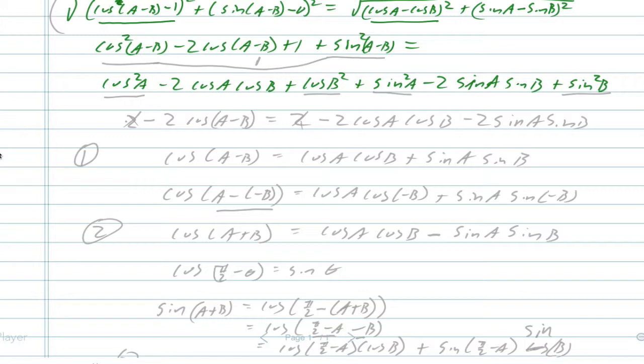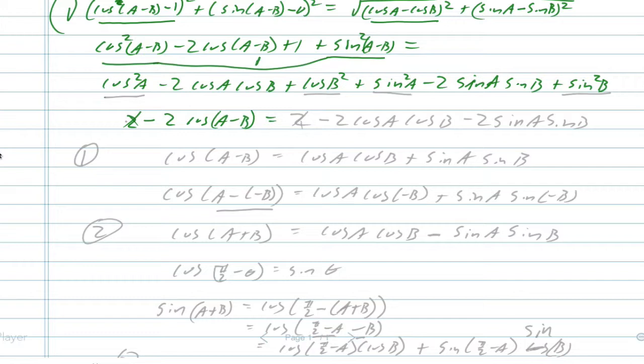Okay, now, do you remember the trig identity? Cosine squared plus sine squared equals 1. Okay, and then we have another one here, so it's 2 minus 2 cosine (A minus B). That's what this side simplifies down to.